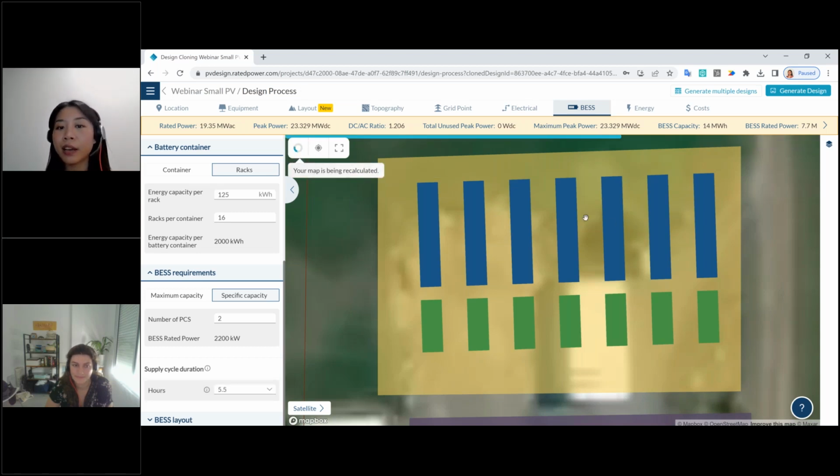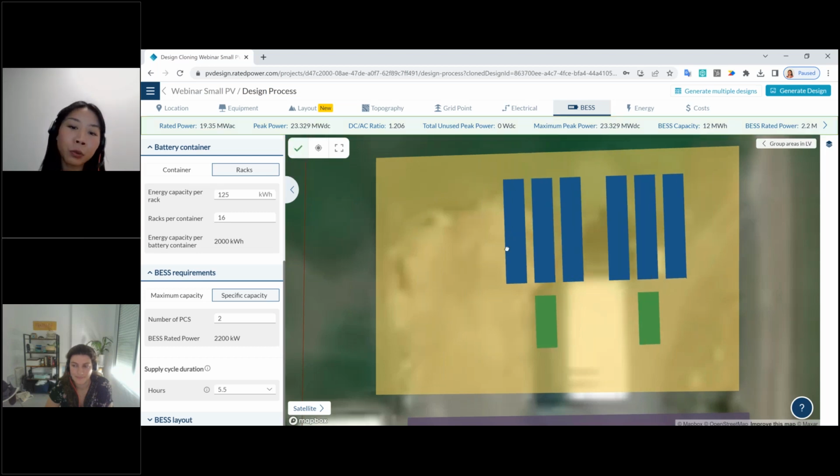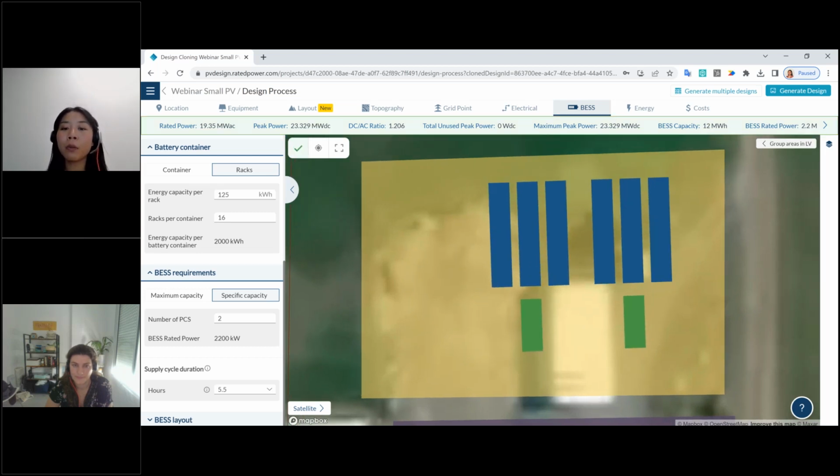If I recalculate my layout, you will see that the software will give me exactly the 2 power conversion systems that I have asked for, and corresponding to each, I have 3 of the 2,000 kilowatt hour batteries to get the electricity from my power conversion system.